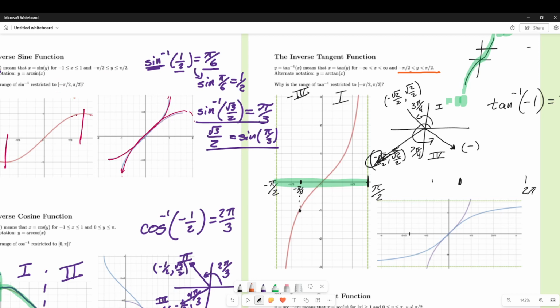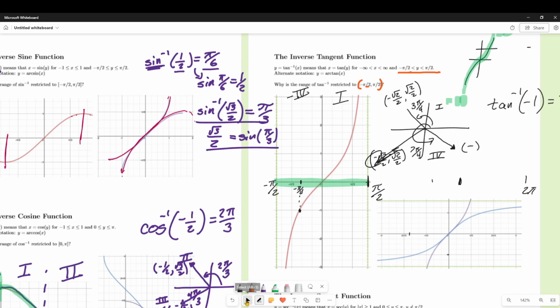That's why that has square brackets, and why this should have parentheses. Because the asymptotes at negative pi over 2 and pi over 2 mean tangent's not defined there, so to be super technical, that restriction shouldn't include those endpoints.